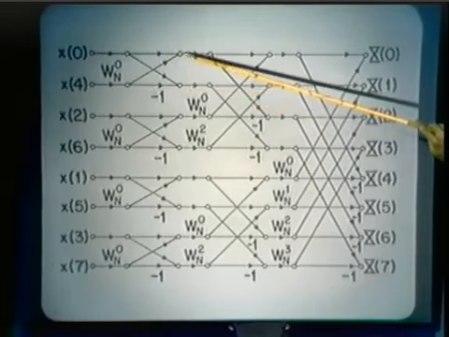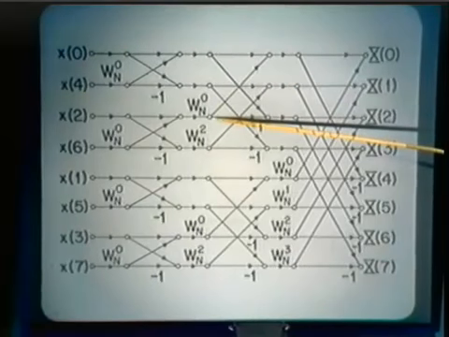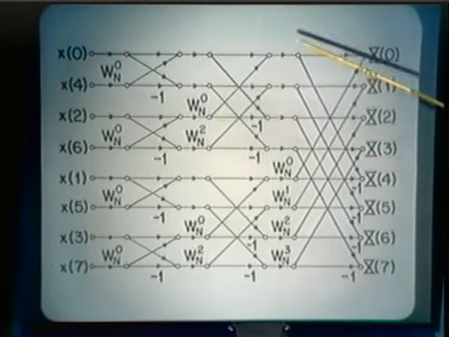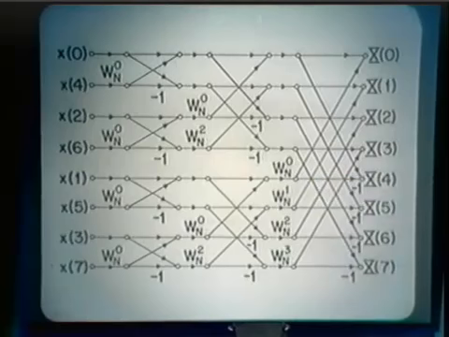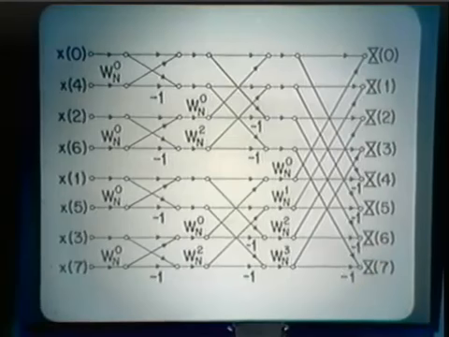So here the width of the butterfly is 1. Here the width of the butterfly is 2, or the height of the butterfly. Here the height of the butterfly is 4. If we were computing a larger order transform, then that procedure would continue.